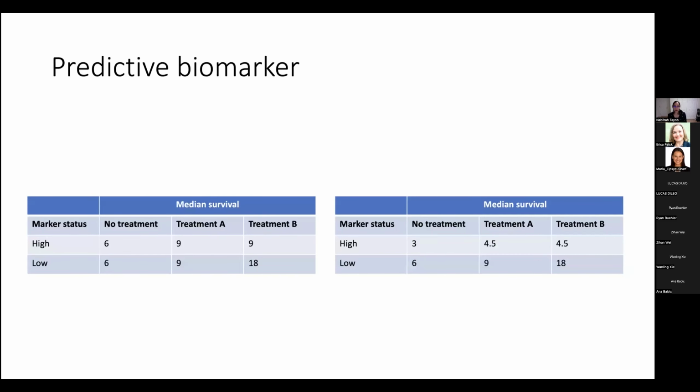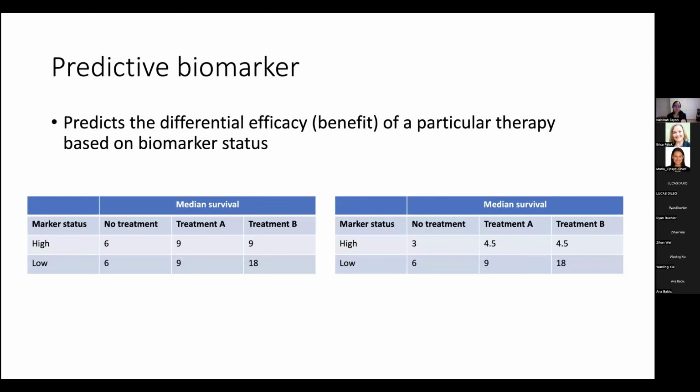A predictive biomarker predicts the differential efficacy or benefit of a particular therapy based on the biomarker status. So here's an example. When you have no treatment, median survival is 6 months. When you have received treatment A, whether your marker is high or low, median survival is 9 months. But when you receive treatment B, if you have marker status low, your median survival is 18 months.